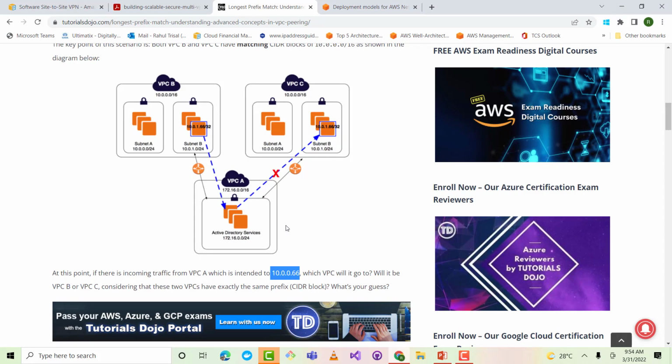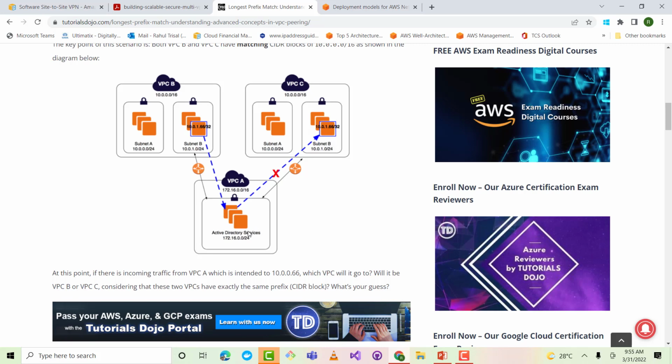So let me just show you. Here you can see that we have VPC A with CIDR block 172.16.0.0/16, and there is this Active Directory service with this subnet CIDR. Then you have VPC B and VPC C, which both have the same VPC CIDR 10.0.0.0/16, and they also have the same subnets A and B, again with the same CIDR blocks 10.0.0.0/24 and 10.0.1.0/24.